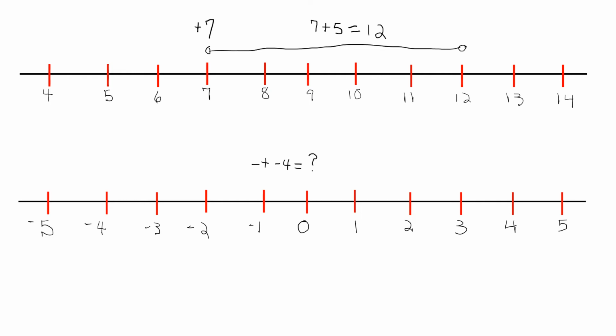Let's see. -1, and let's move 4 units: 1, 2, 3, 4. Do you see that? -1 plus -4 equals -5.